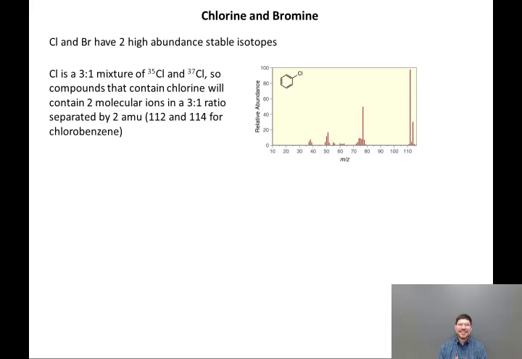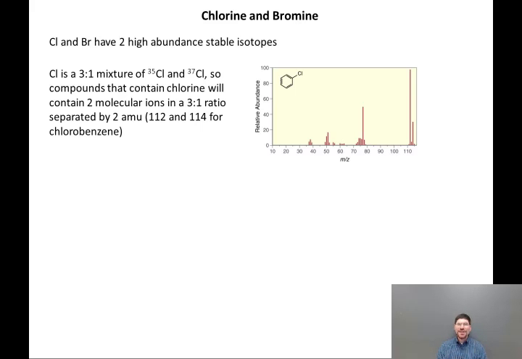What that means is that it is a 3-to-1 mixture of chlorine-35 and chlorine-37. So 75% of all the chlorine atoms out there have a mass of chlorine-35, 25% of them have a mass of chlorine-37, meaning that they have 2 additional neutrons in their nucleus.